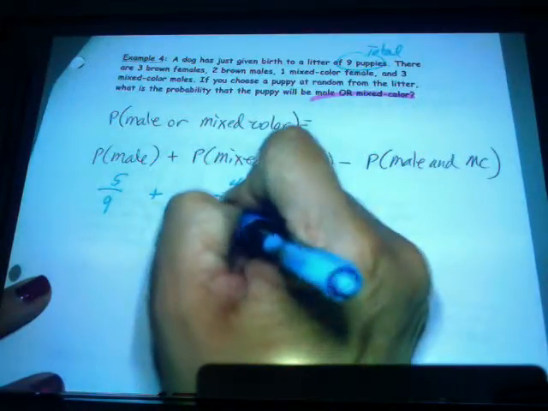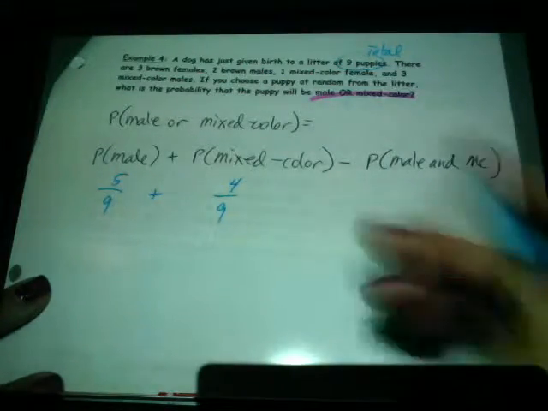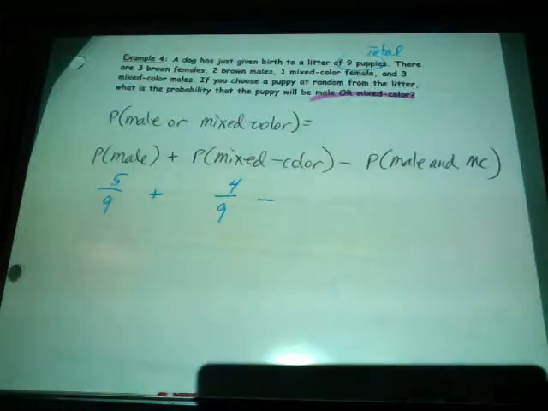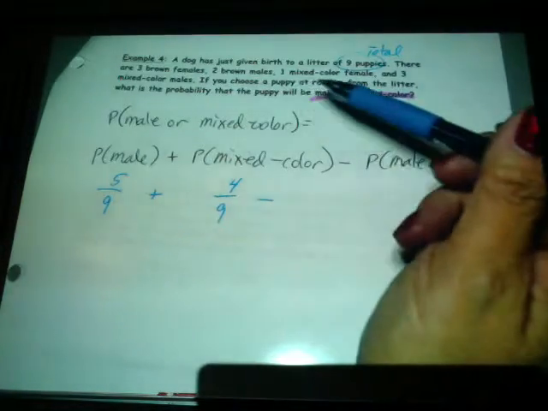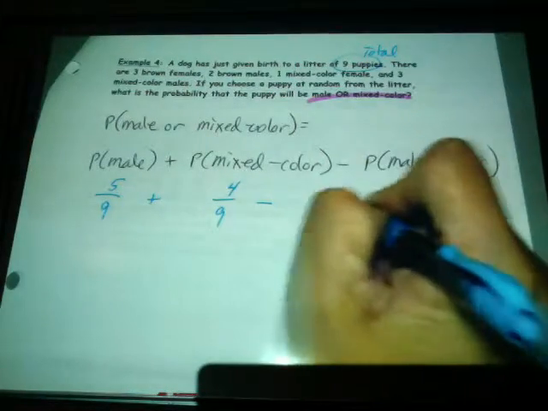So 1 and 3 is 4 mixed color puppies out of the whole kit and caboodle, right? But then I need to take away puppies that are both male and mixed color. So how many male mixed colored puppies are there? 3 mixed colored males. So I want to take away 3 out of 9 puppies.